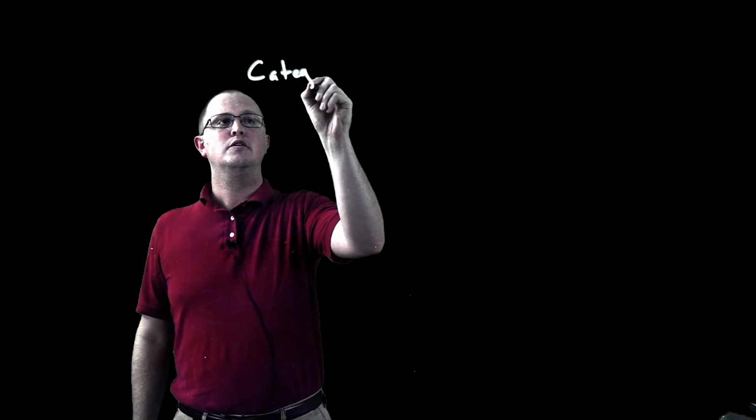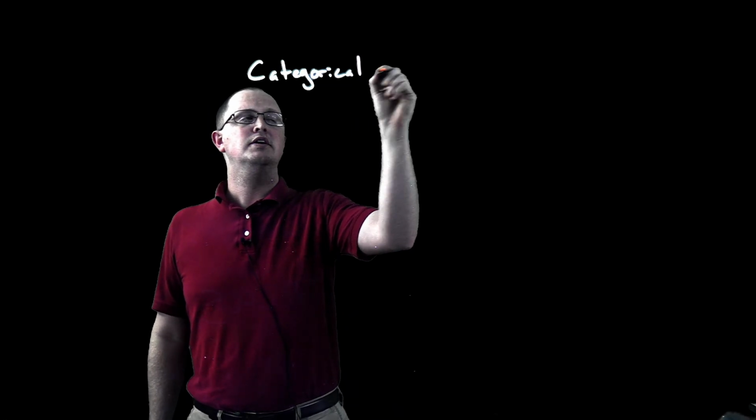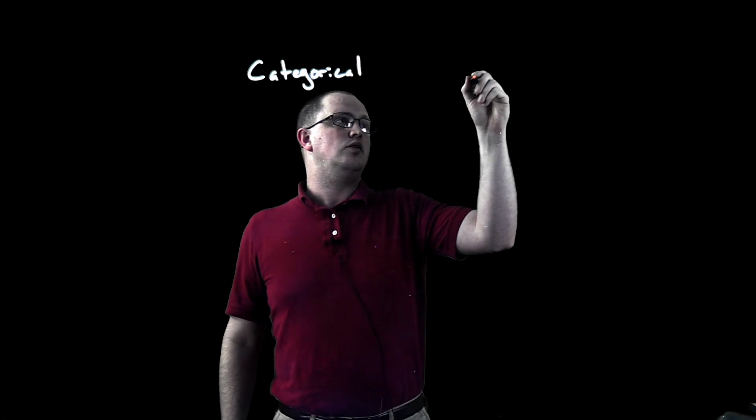There's multiple different types of data that we're going to collect, and we need to know the difference between them. And so the two main types of data that we deal with are categorical data and quantitative data.